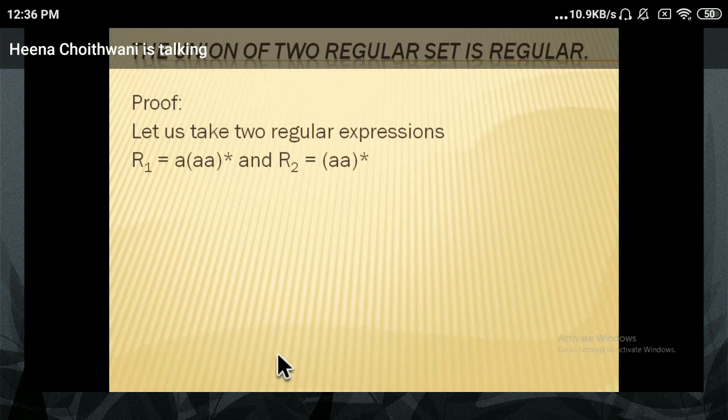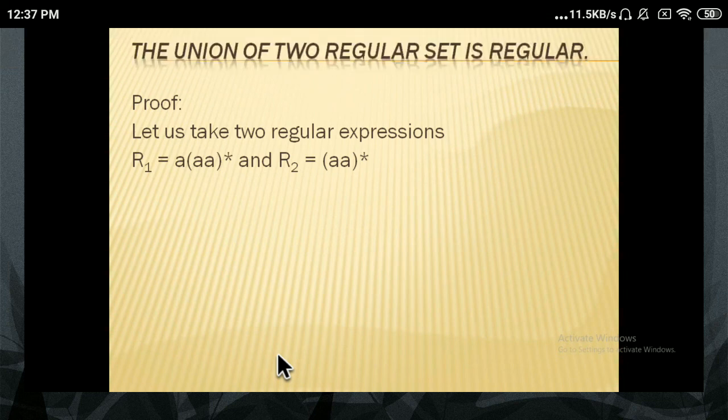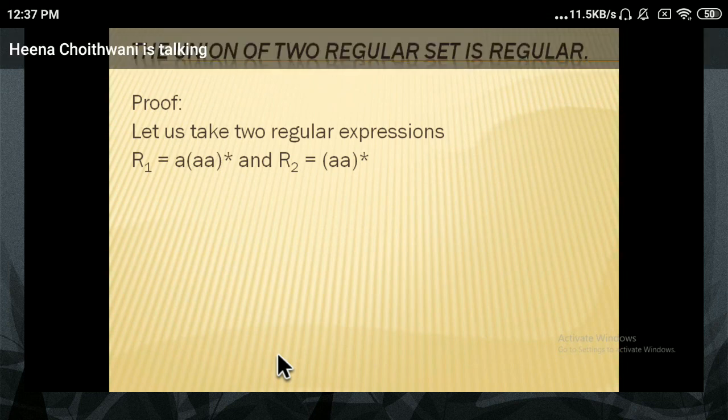So there will be strings of even length, can we say? Double A star will contain all the possible strings of A with even length, including epsilon. So epsilon, A concatenation epsilon will become A, concatenation double A will become triple A, concatenation 4 times A will become 5 times A, concatenation 6 times A will become 7 times A.